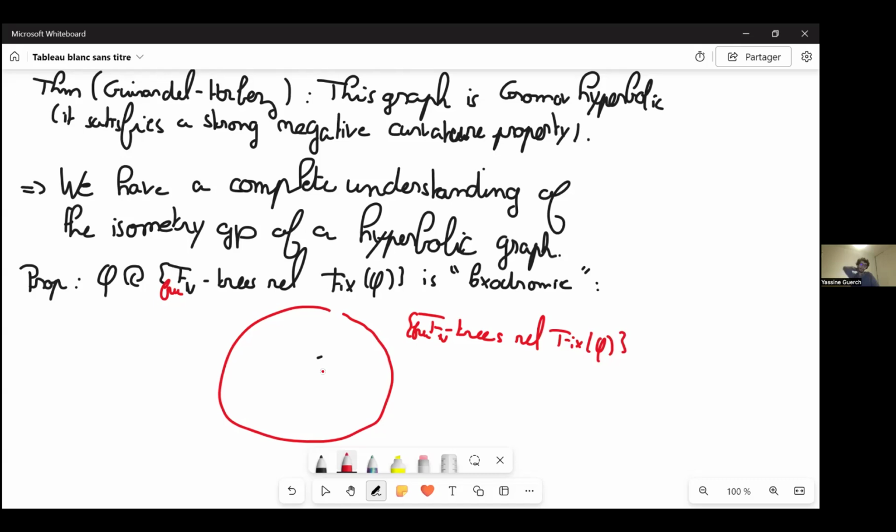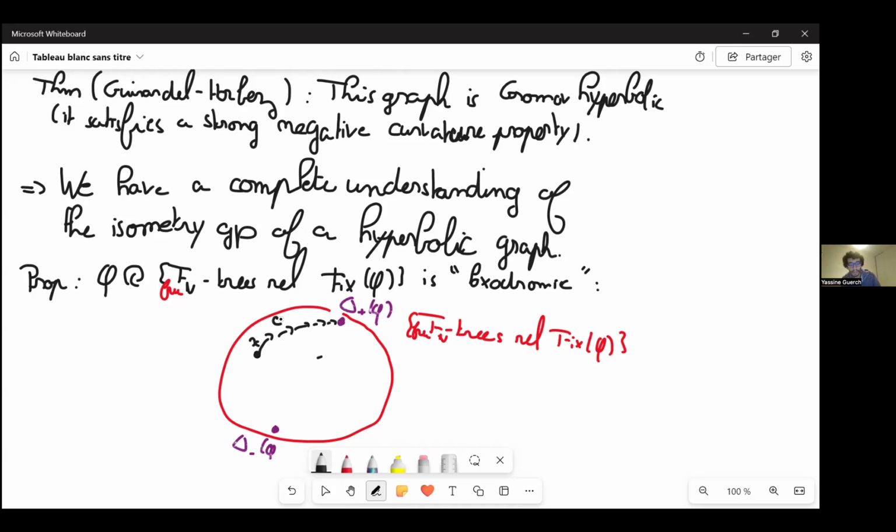you can find in this disk 2 points, which we call delta minus of phi and delta plus of phi, such that if you take any point which is not delta plus of phi or delta minus of phi, and if you look at the orbit of this point x under iteration of phi, it will converge to delta plus of phi.